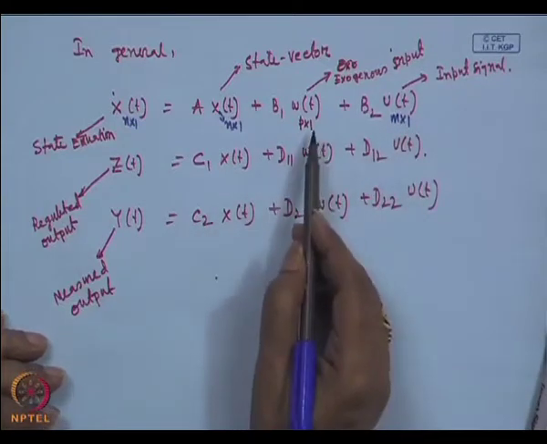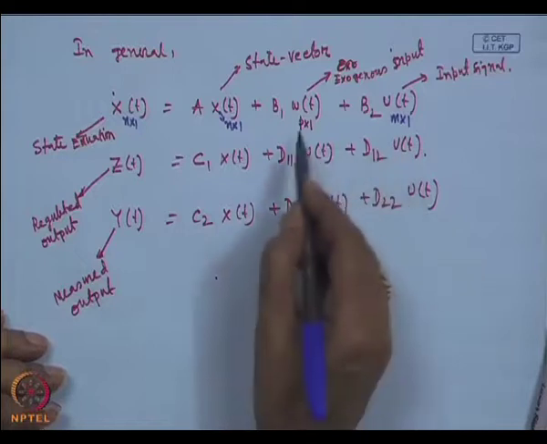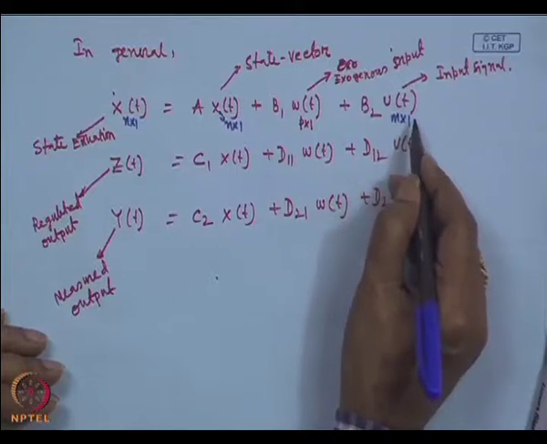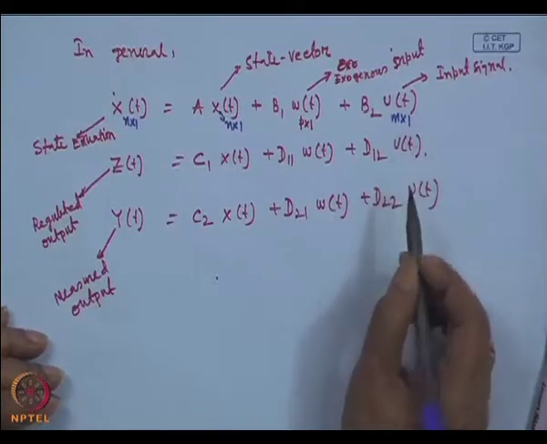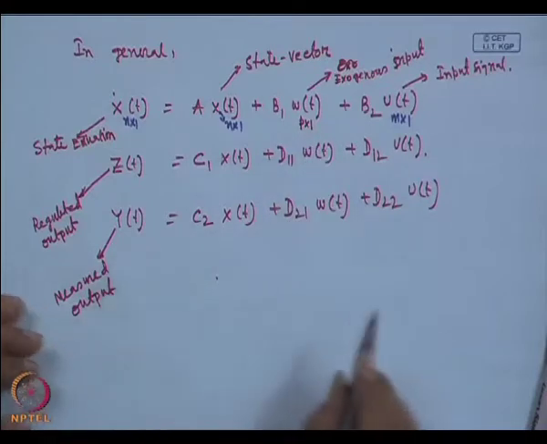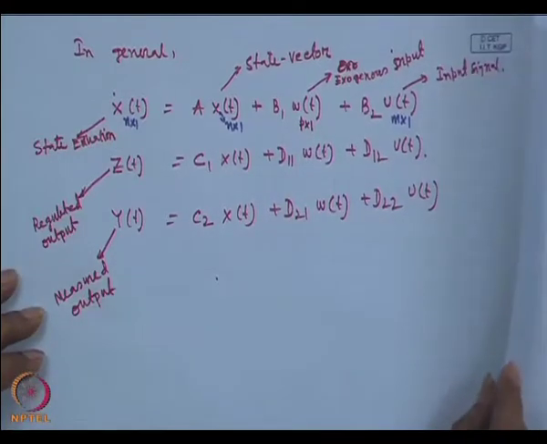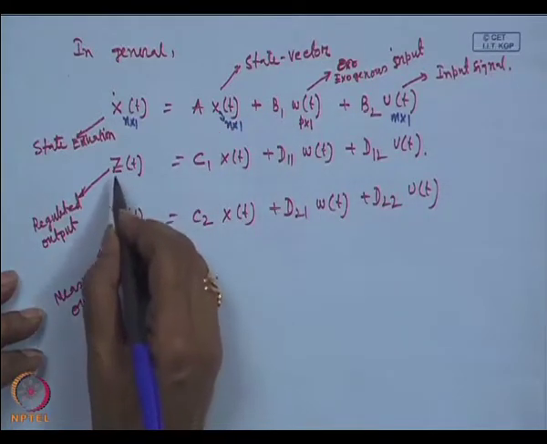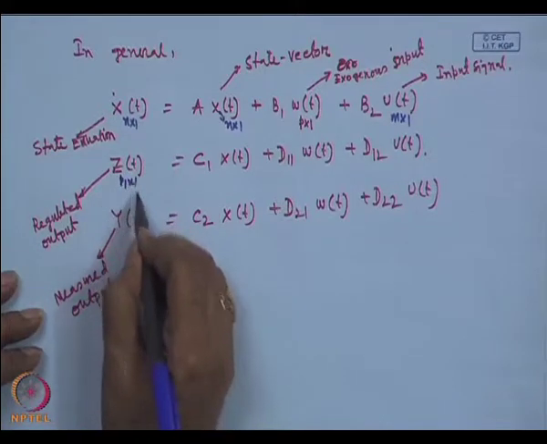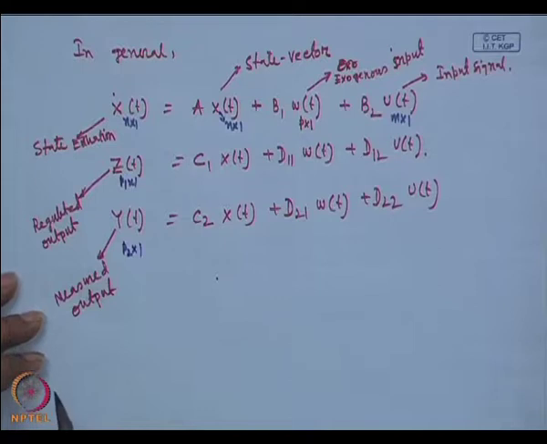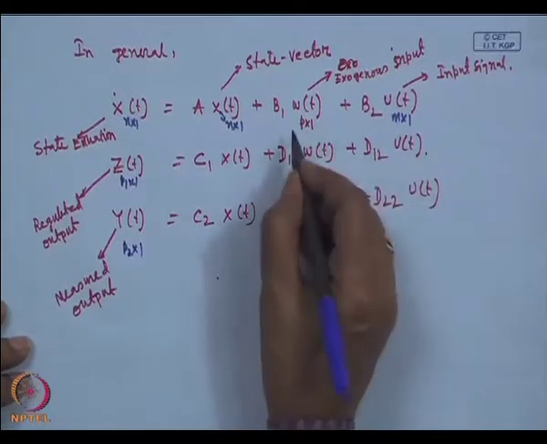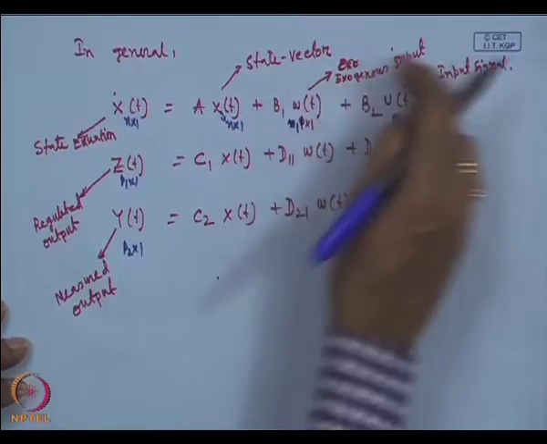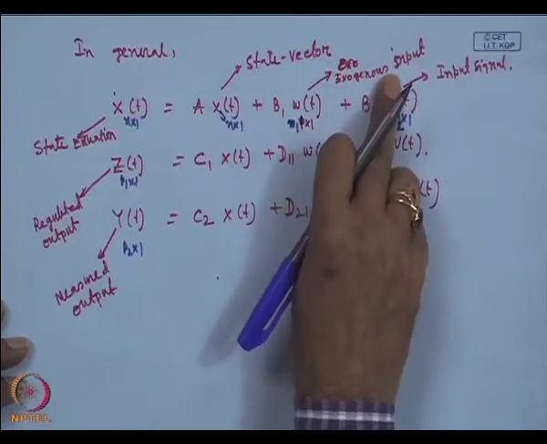Once I define these, I can immediately find the other dimensions. This is input, this is also input, but this one is the exogenous input.